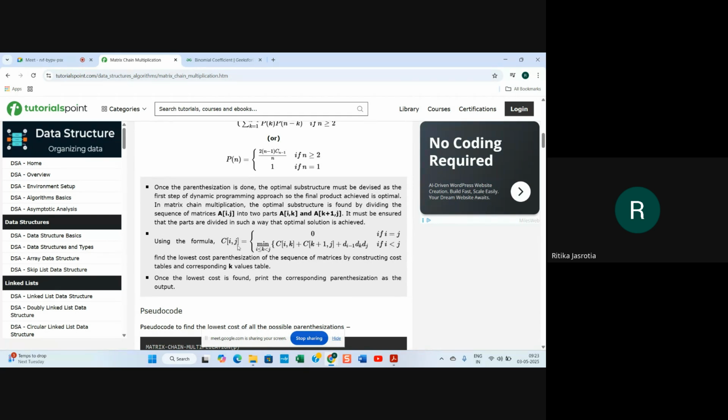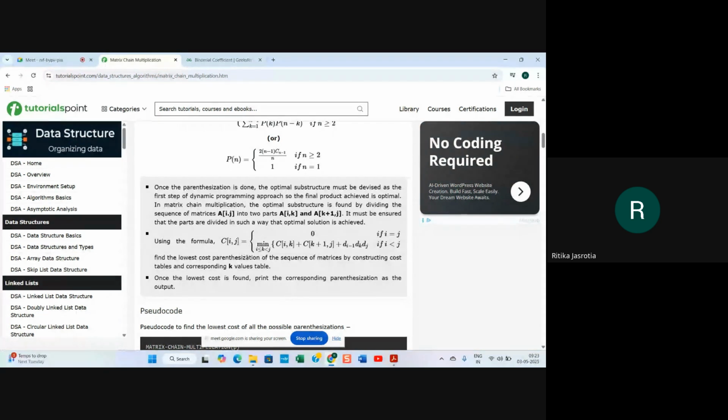Using the formula Cij is equal to min, i less than or equal to k and k less than j, Cik plus Ck plus 1j plus di minus 1 dk dj if i is less than j, and Cij will be equal to 0 if i is equal to j.